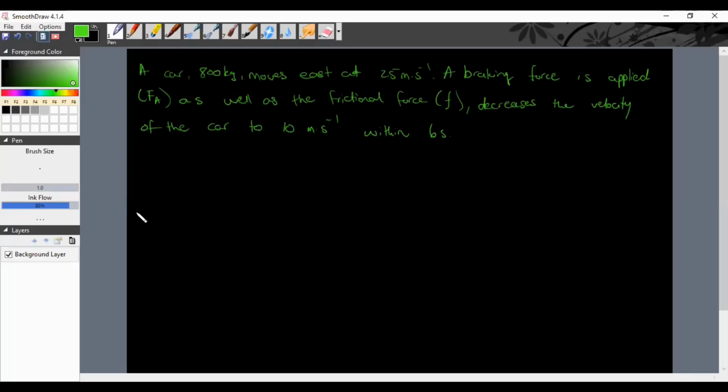Calculate number one, the same thing, the change in momentum. And number two, the net force on the car. Should take you less than 5 minutes.